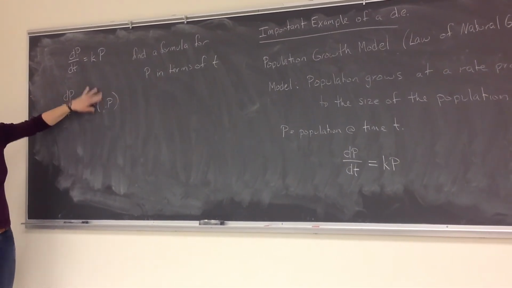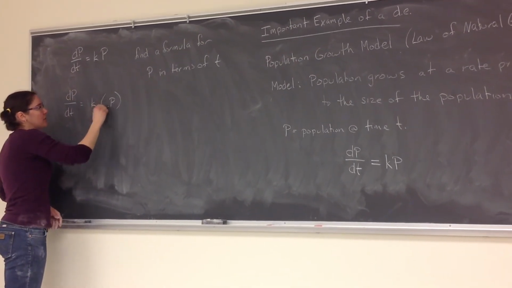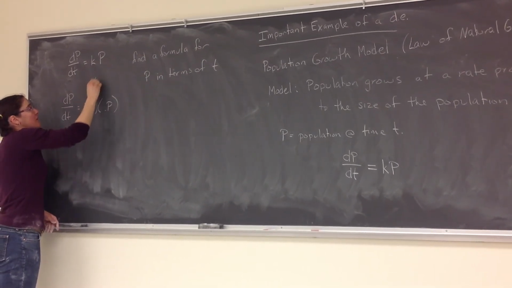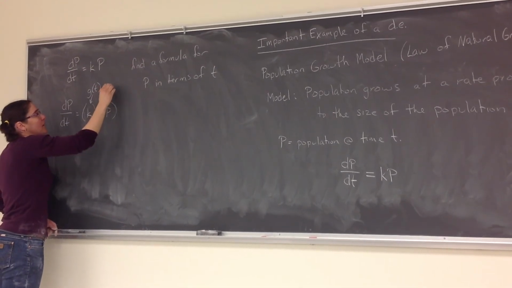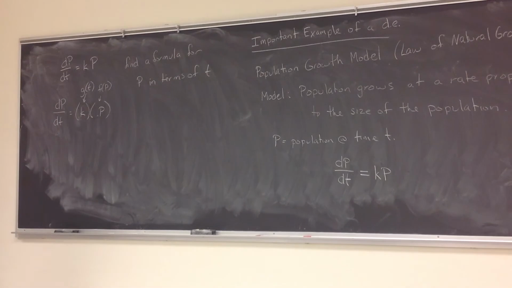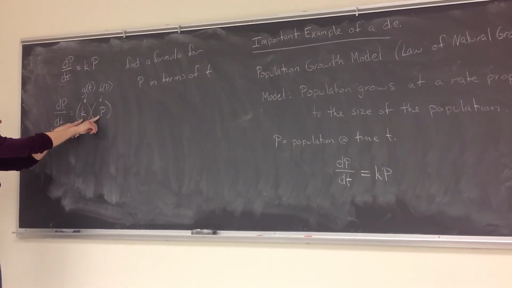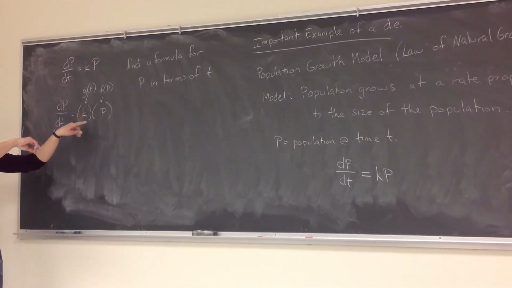It doesn't really matter. I can put it either way. So I have lots of different choices. This is my g of t, that's my k, and my P is my f of P. So it's a little bit degenerate in the sense that these are not fancy functions of P and fancy functions of t. They're very, very basic functions.